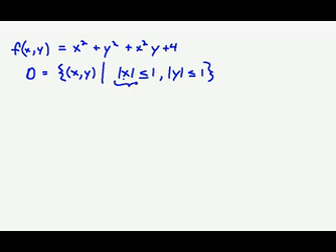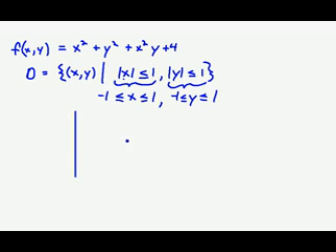Well, absolute value of x less than or equal to 1 means x has to be between negative 1 and 1. Absolute value of y less than or equal to 1 means y is between negative 1 and positive 1. So really what it means is the region D is a square in the xy plane.